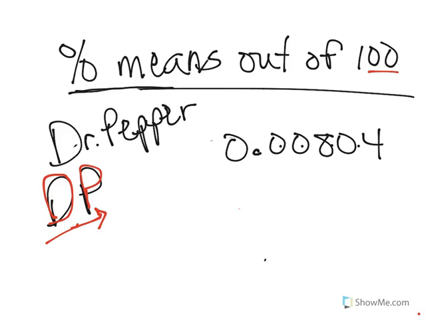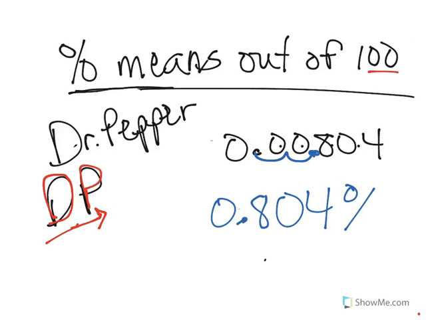If I wanted to convert this into a percent, I'm going from a decimal to a percent. 2 place values to the right. 1, 2. Again, using this little trick, going from a decimal to a percent, or vice versa, is relatively easy.